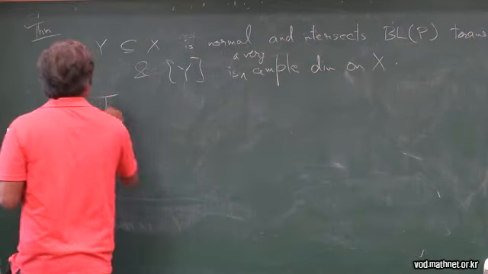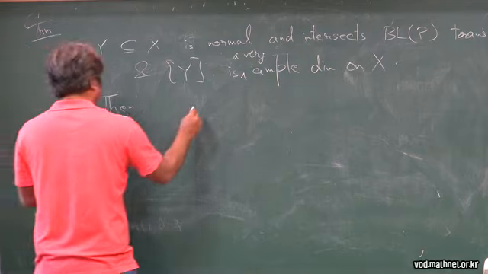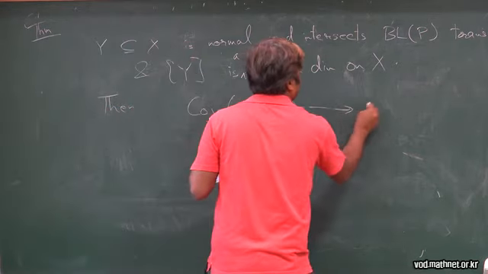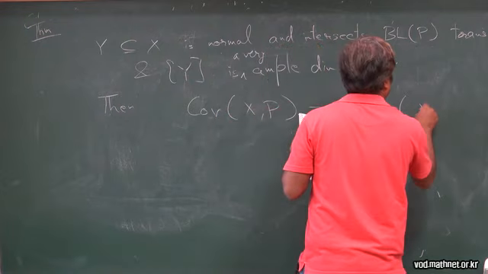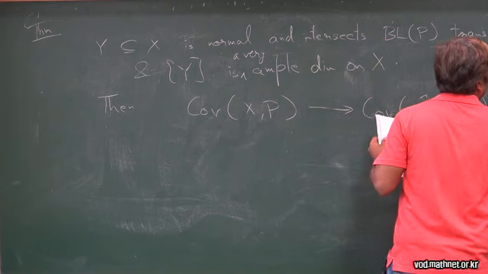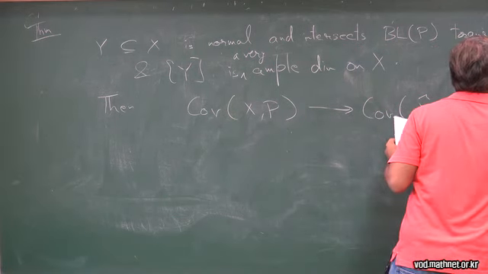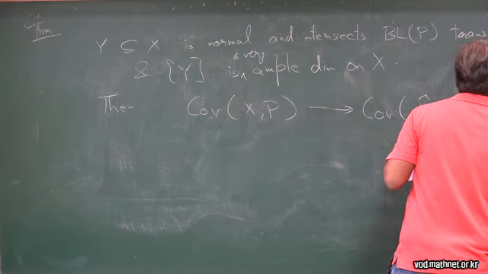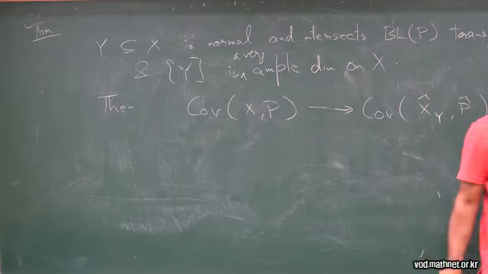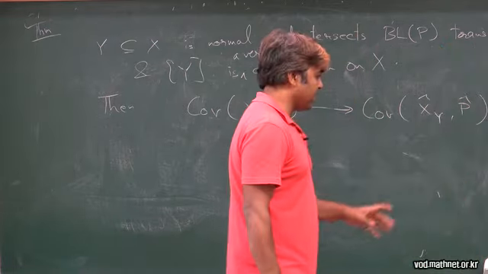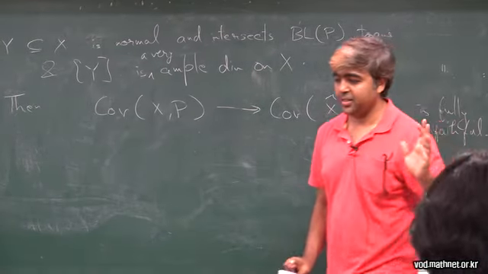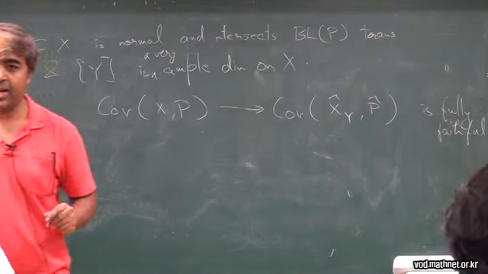then the map curve X p to curve X hat Y p hat is fully faithful, and this additional one I can't get because somehow some sheaves being free is needed, and that relies on being flat.